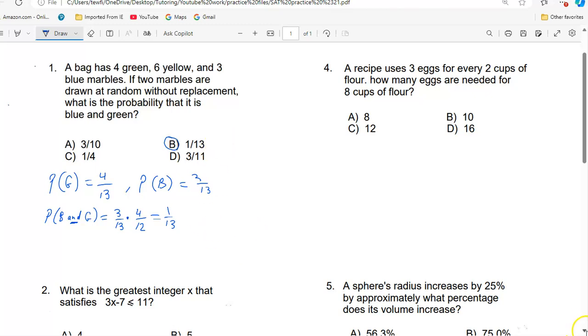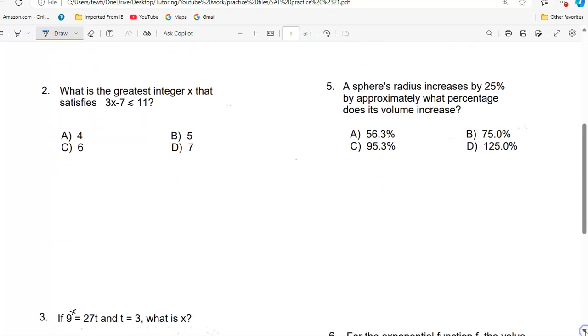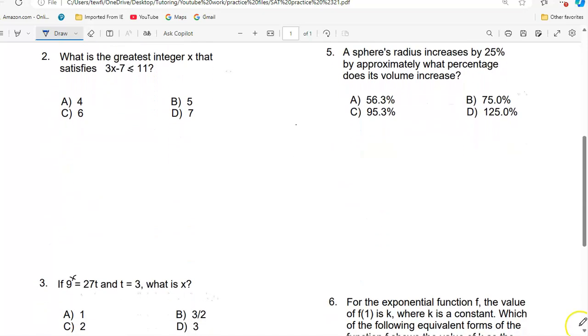For the second one here, you can give it a try, and we're going to go over it. What is the greatest integer x that satisfies this inequality? 3x minus 7 less than or equal to 11. So let's solve this inequality. To isolate x by itself, let's add 7 to both sides.